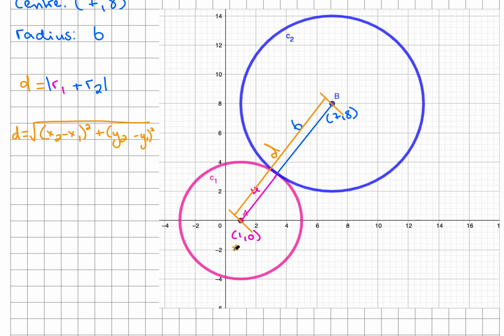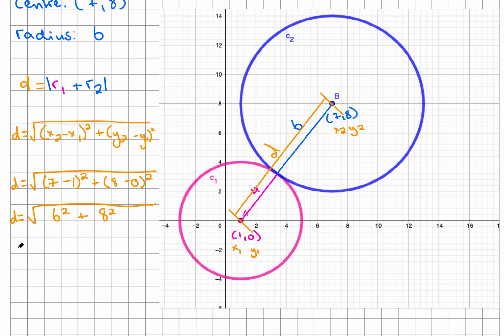I'm going to label my points x1, y1, x2, y2, and sub in. x2 is 7, so 7 take away x1, which is 1, squared, plus y2, which is 8, minus y1, which is 0, squared. So I have 7 minus 1 is 6 squared, plus 8 minus 0 is 8 squared.